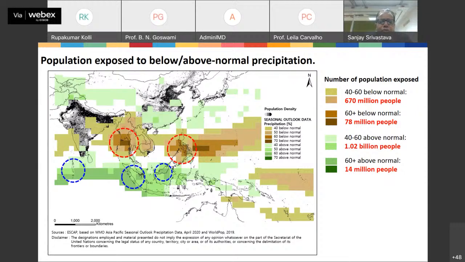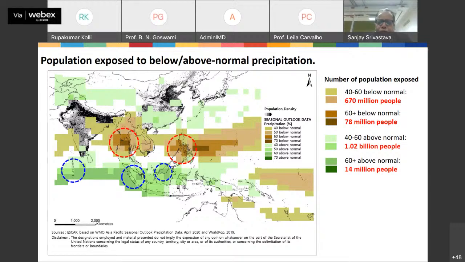What is very clearly, we have used the gridded WorldPop data. It's a very standard gridded information which UN DESA has produced. The population worldwide is in digital form. And then when you intersect seasonal forecast, you see 40 to 60 below normal rainfall. There are 670 million people, and where those people are located, it is indicated in the circle. When 60 plus above, 78 million people, where they are located is indicated.